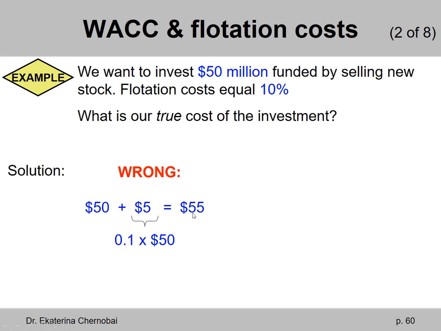What's 10% of 55 million? It's 5.5 million. If you subtract 5.5 million from 55 million, we will be left with 49.5 million. But that's not enough for the project. We need 50 million. So 55 million worth of new stock shares is not enough.